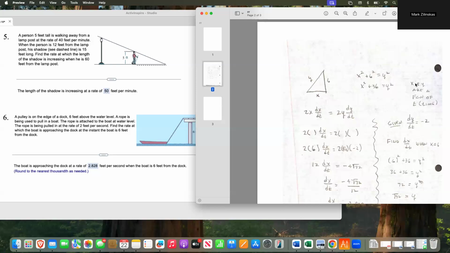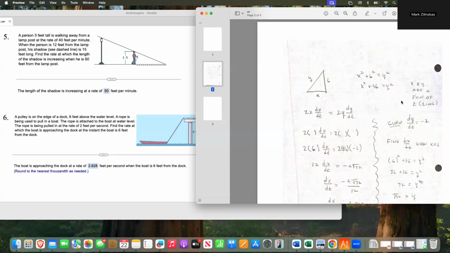And so what we're saying is that X and Y are functions of a third variable, time t, which doesn't really even enter into the equation here, because this relationship between X and Y comes from the Pythagorean theorem, right? We just take this leg squared plus the other leg, which is 6 squared, and say that's equal to the hypotenuse squared. So that gives us a relationship of X and Y. But remember, these two variables are changing with respect to a third variable, t.